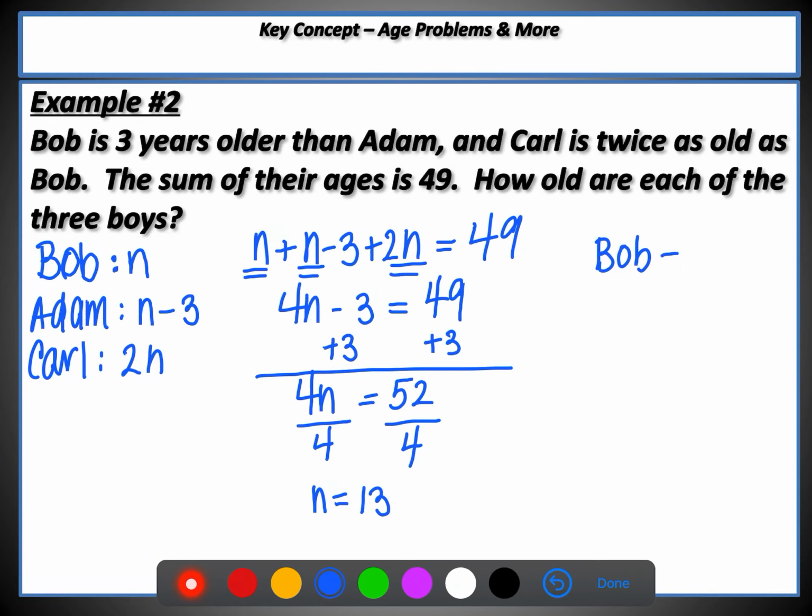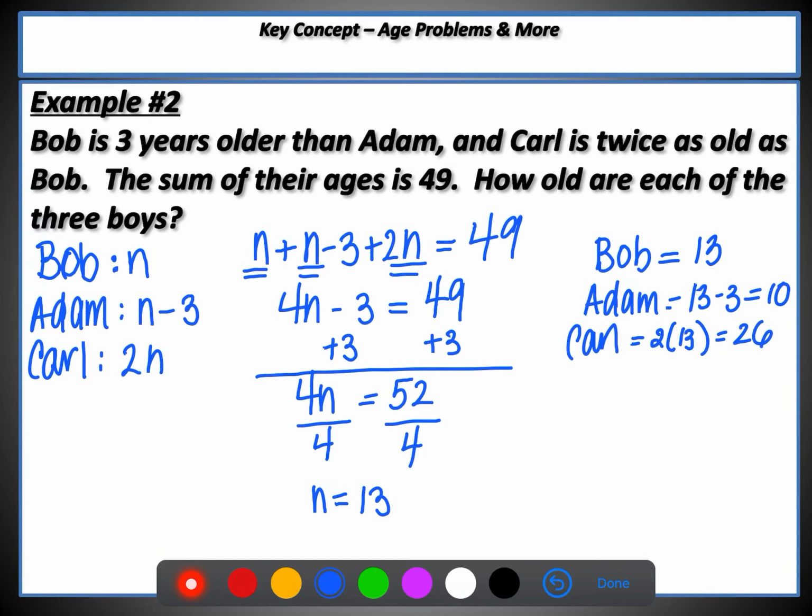So that means that Bob is 13. Adam is 10. And Carl is 26.